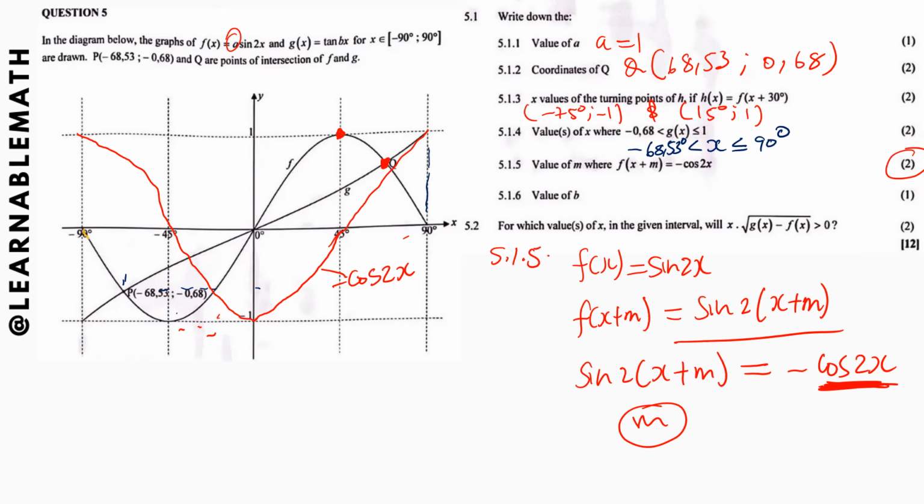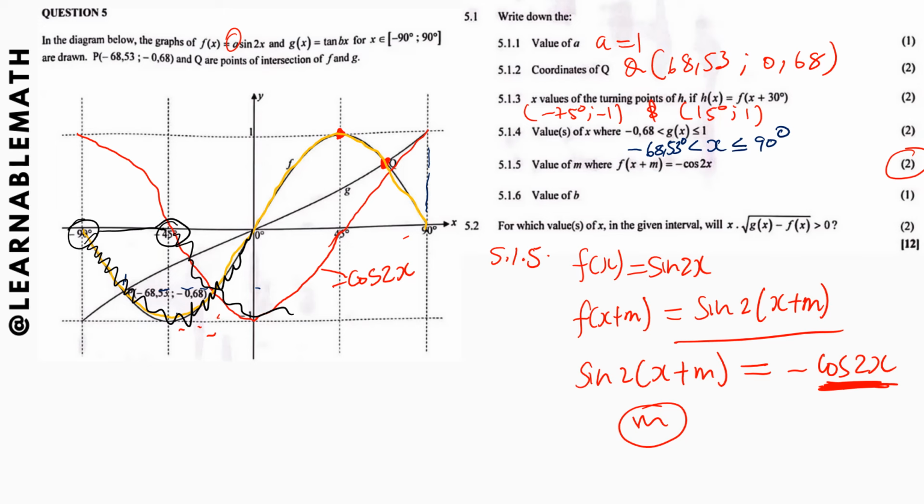Let me indicate it with orange, because this is the one for sine, such that at the end it can just be equals to the reflection of the cos, the negative cos 2x. Okay, so the idea is how can I shift this one such that it's now the same as this one, like this point moves there.